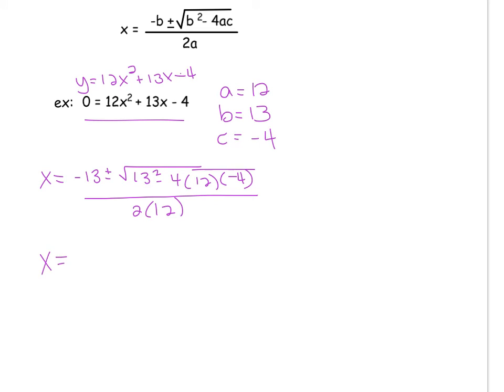So now if I simplify here, negative 13 plus or minus the square root of 169 plus 16 times 12. Ay Dios mío, that's too big for me at 11:30 at night. 16 times 12 is 192, all over 24.